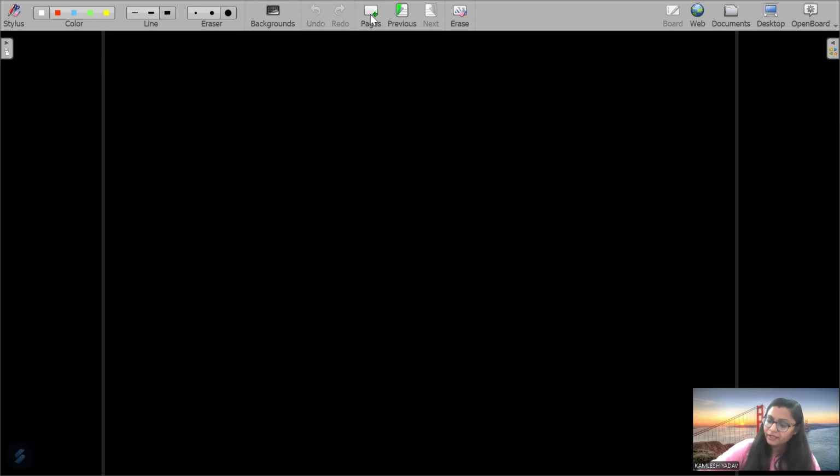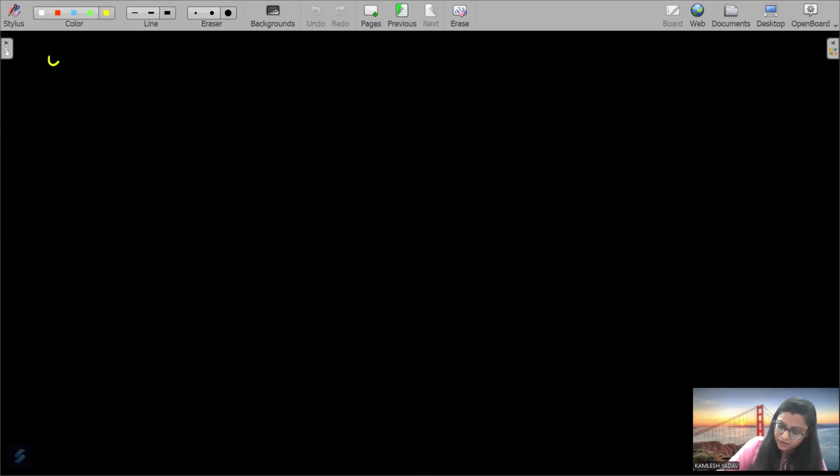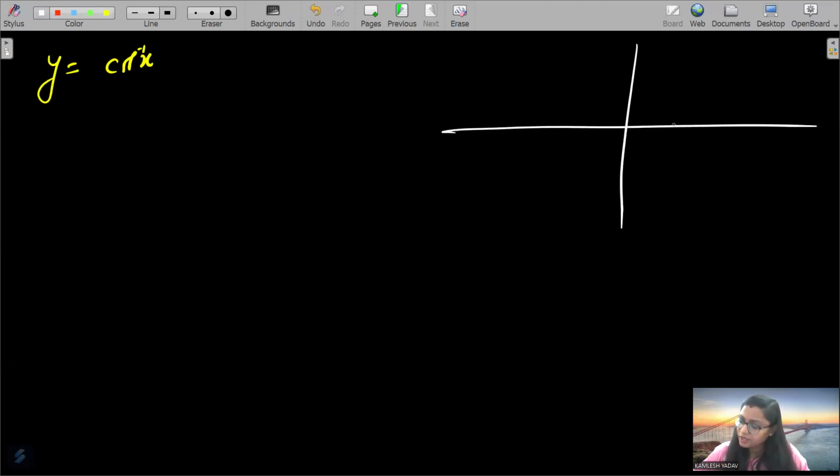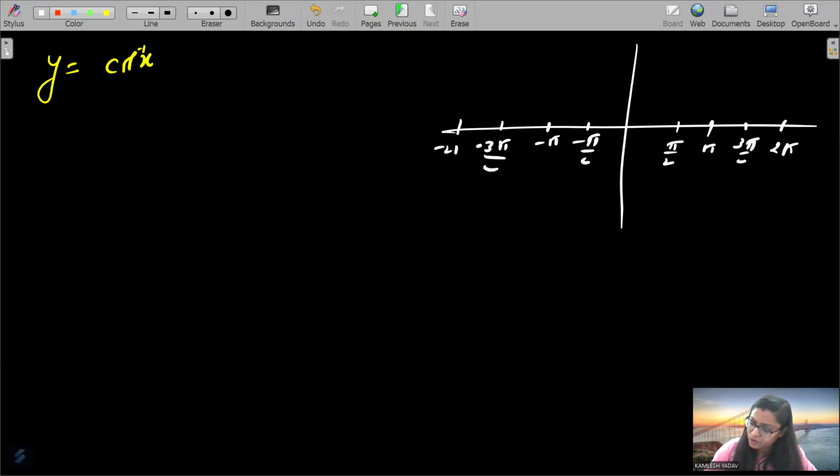Okay. Now the next graph is y is equal to cot inverse x. Okay. First, we draw the graph of cot x. So the graph of cot x like this: pi by 2, pi, 3 pi by 2, 2 pi, minus pi by 2, minus pi, minus 3 pi by 2, and minus 2 pi.